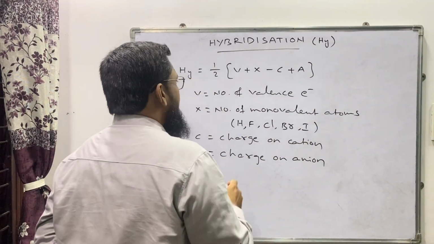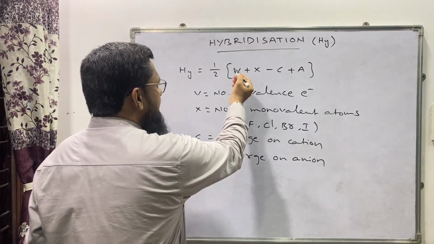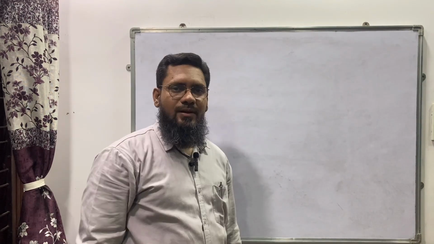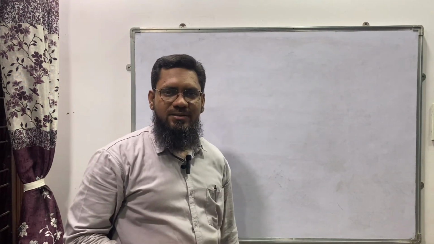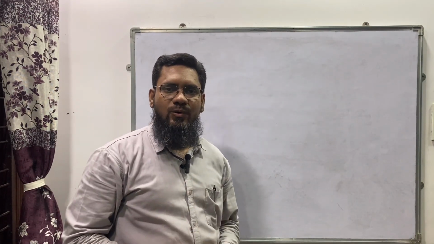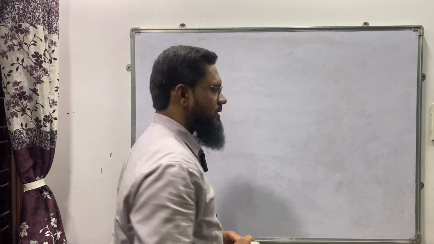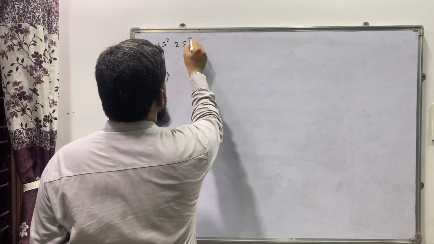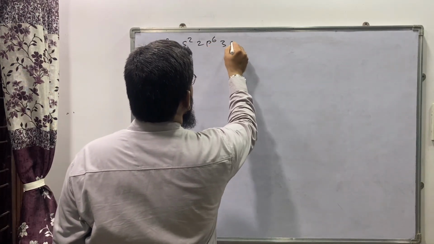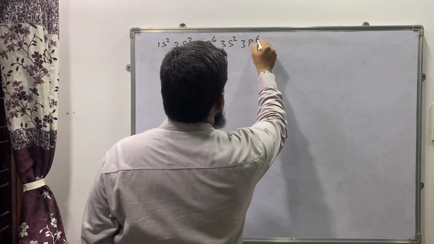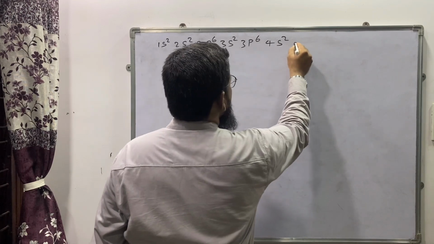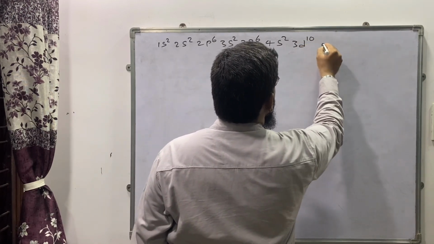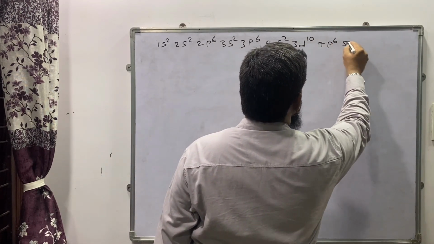Now let's see how to calculate V, the number of valence electrons. For this, you need to know the electronic configuration: 1s2, 2s2, 2p6, 3s2, 3p6, 4s2, 3d10, 4p6, 5s2.